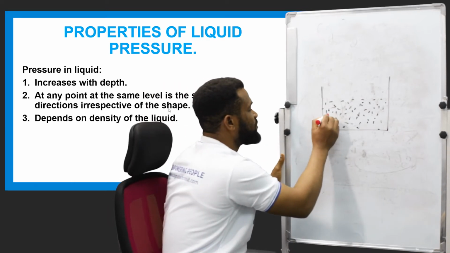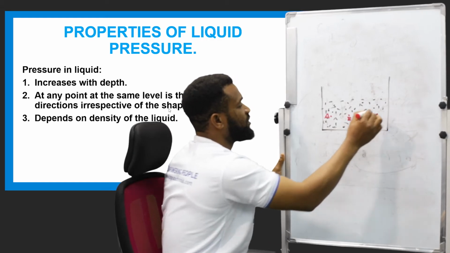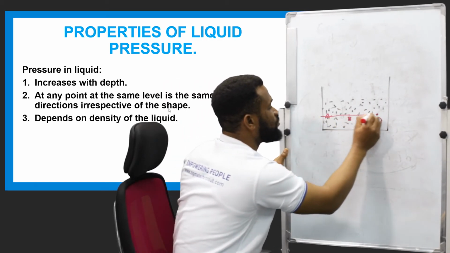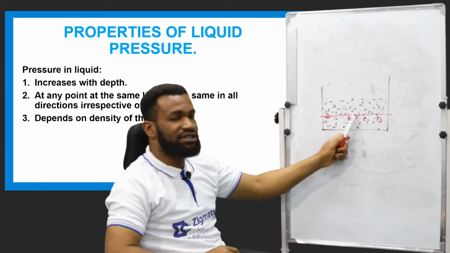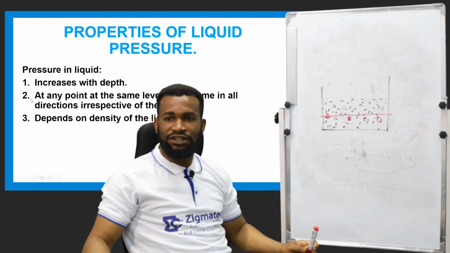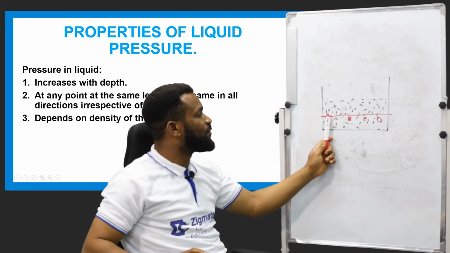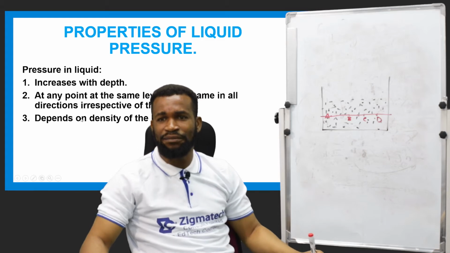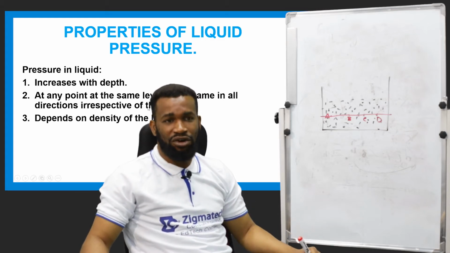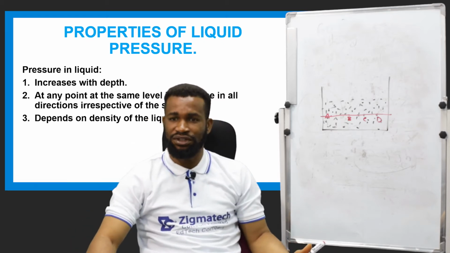If I have any points A, B, C, D, and let me draw a line to represent the level, the pressure at these points is the same. That is why I said pressure at any point at the same level. So the pressure at points A, B, C, D lying on the same level is the same, irrespective of the direction or the shape of the body. So that is what liquid pressure is all about.